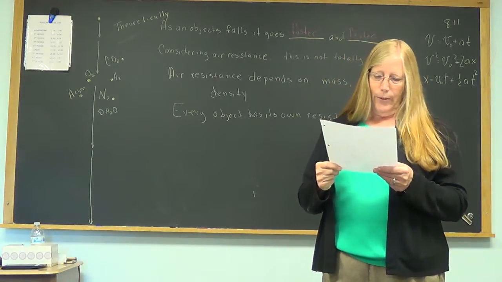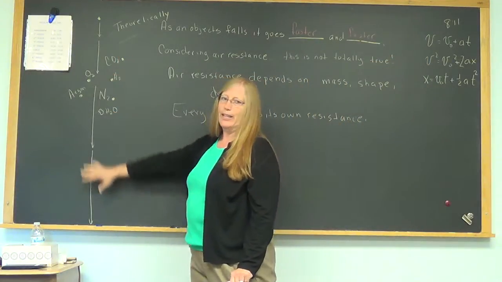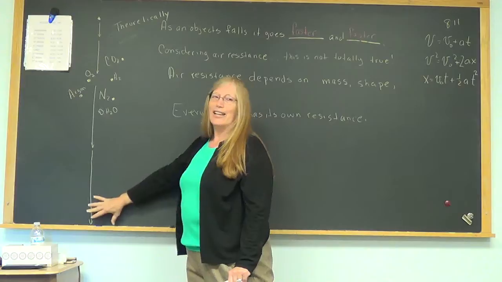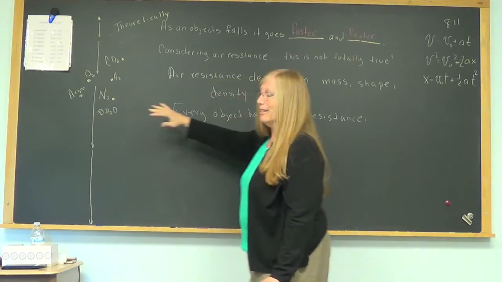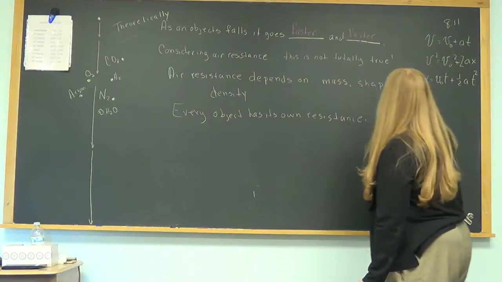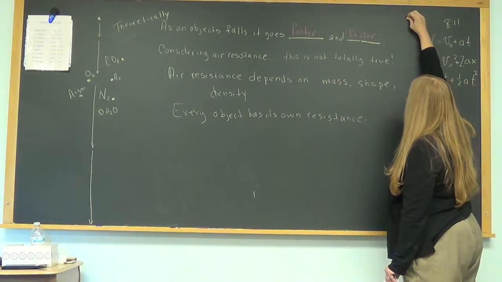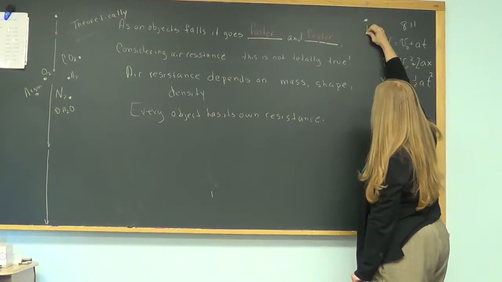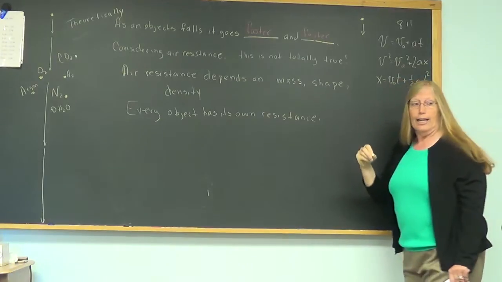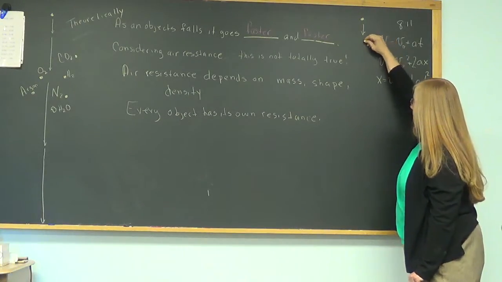But the full story, when I drop an object, so here's what I've taught over here. This is basically untrue if we're considering air resistance. So over here I'm going to write the truth. As the object starts to fall, it has no velocity, then it starts to accelerate because the earth is pulling it downward, so it'll have a little bit of velocity.